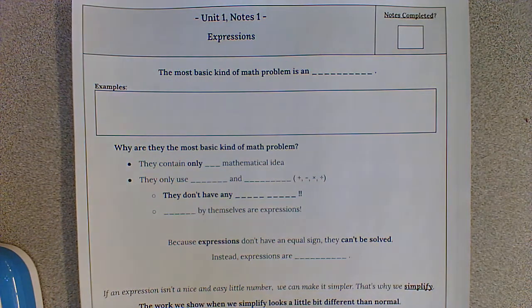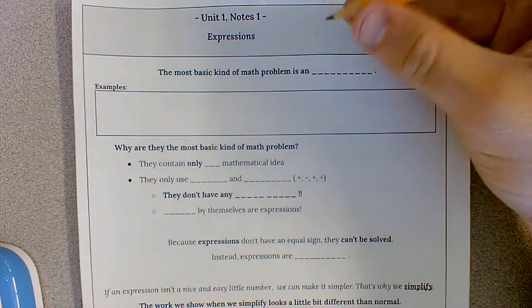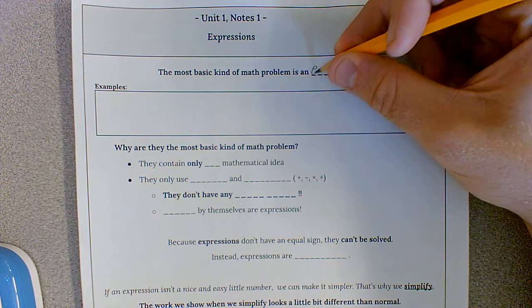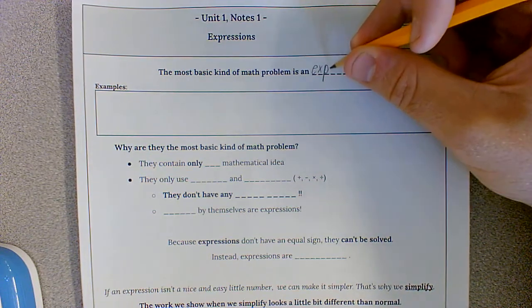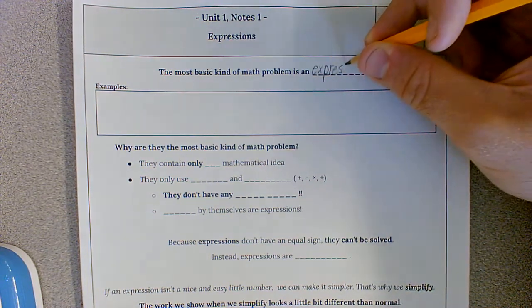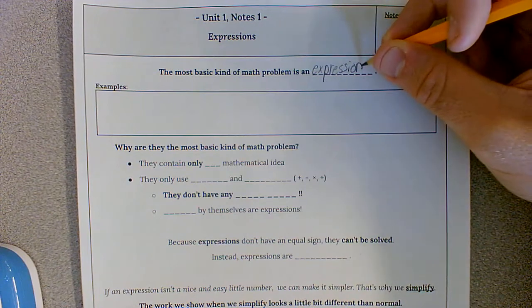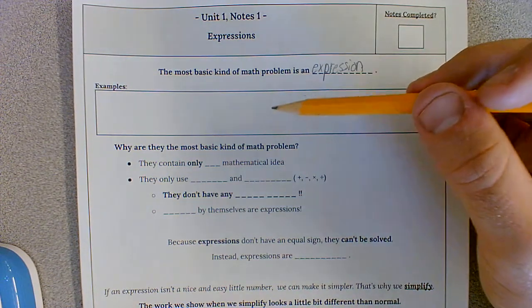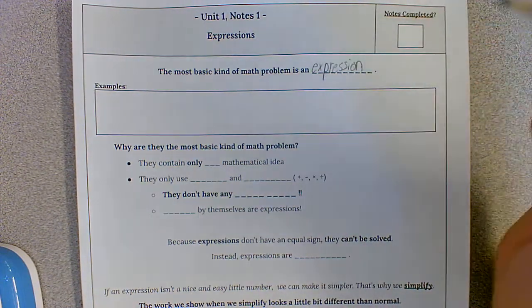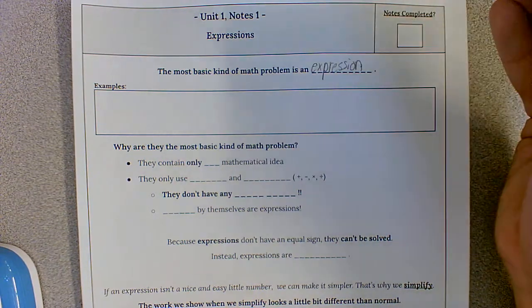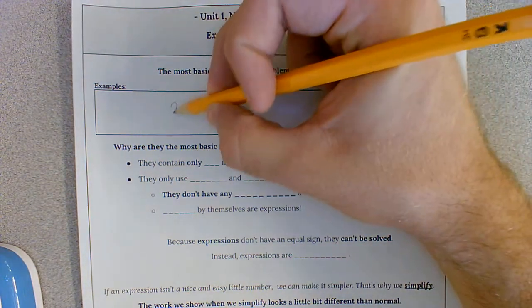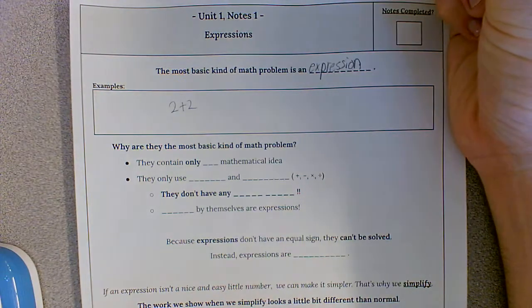So the most basic kind of math problem out there is called an expression. I'm going to go ahead and write some expressions here in the example, and I want to see if you can tell what makes an expression special. What makes it so simple? So I have 2 plus 2. It's a good example for an expression.